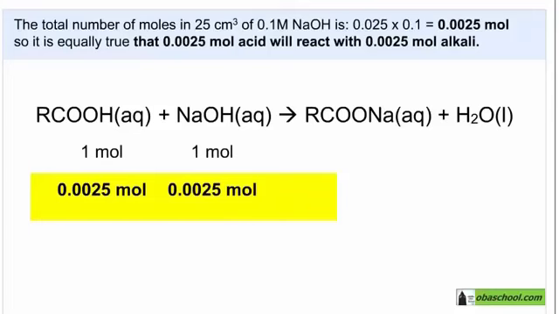As we have seen, 0.0025 mole acid reacts with 0.0025 mole base.